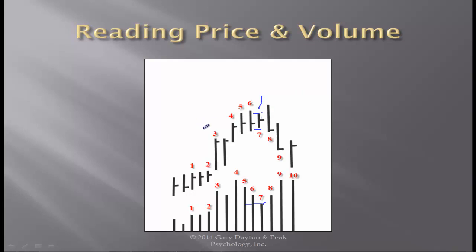They lifted the market at 3. They struggled but continued to push at 4. Sellers start to come in at 5 and 6. And now on this bar, buyers are spent. There's just nothing left. And we know that because of the narrow range and the close, which is generally in the same area, right?